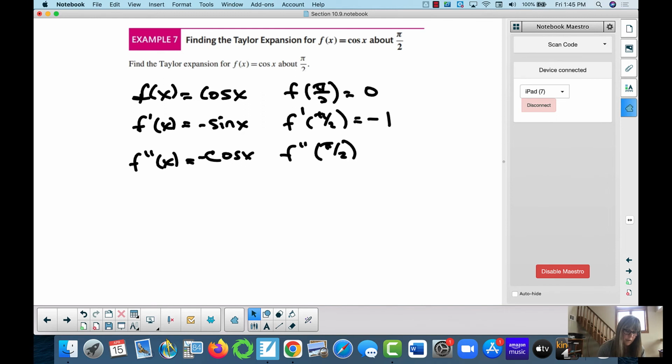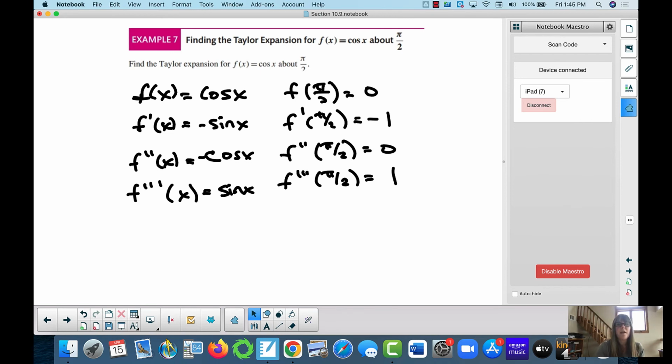Negative cosine of pi over 2 is 0. And sine of pi over 2 is 1. And again, we have that pattern where that keeps.